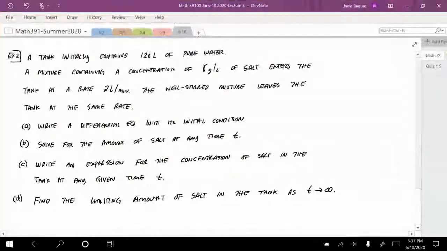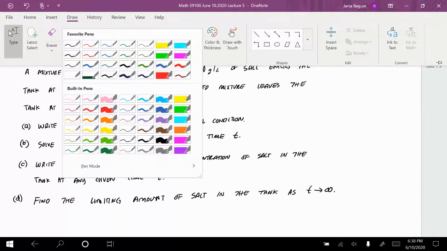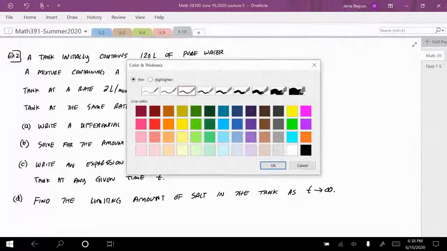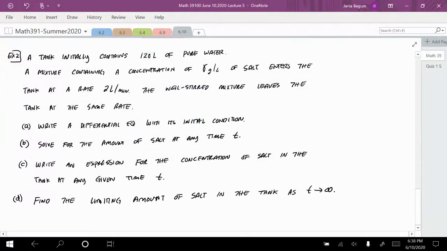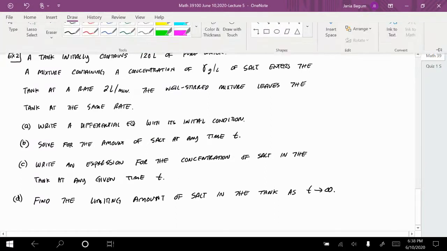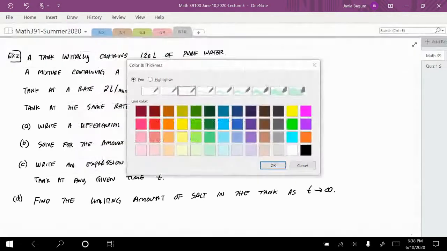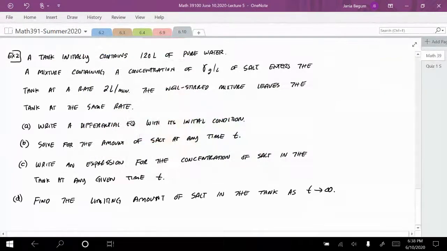So that's our concentration in, just any number, gamma, okay? So for this problem, let's highlight what's given to us. So we have 120 liters. So this is important, right?